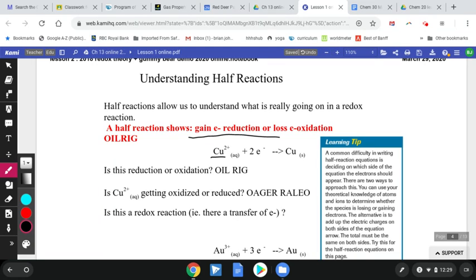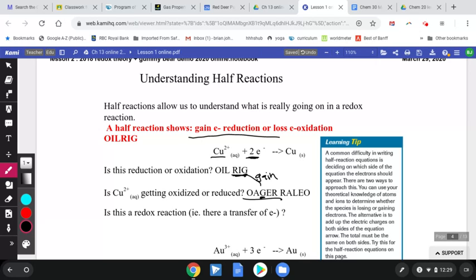In this case, it's copper 2 plus. And you can see here that the electrons are on the reactant side, so it's gaining. If it's gaining, then we're interested in the saying that has a G in it, RIG, or the G in it, OA, for gain. Both of these mean the half reaction that gains.